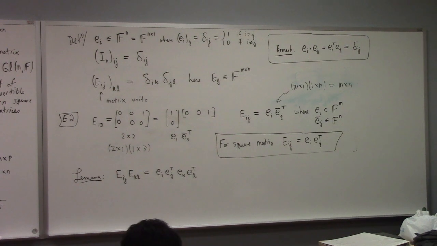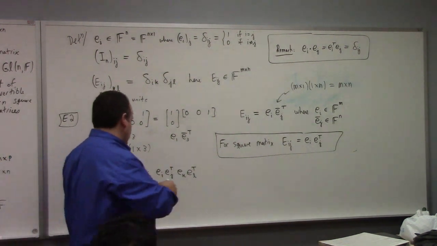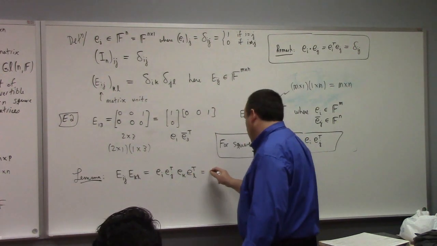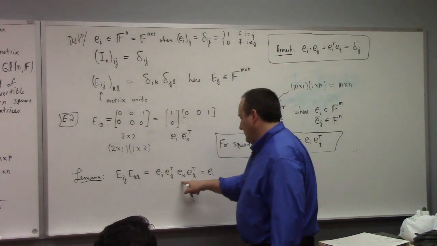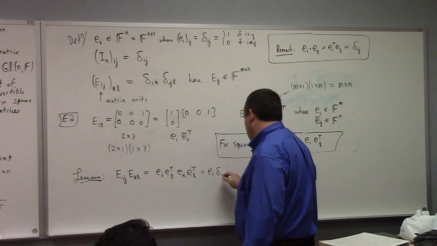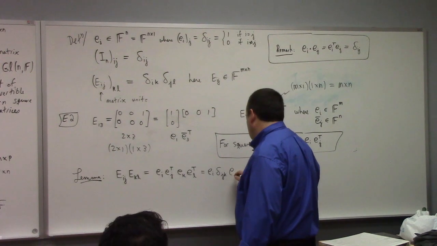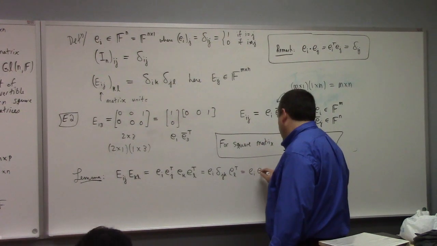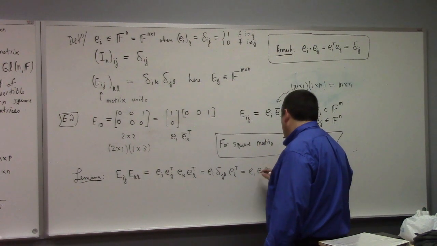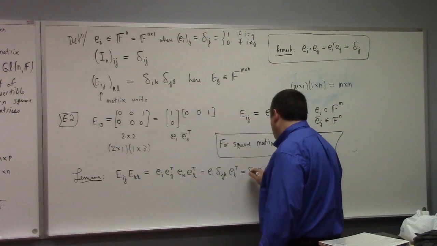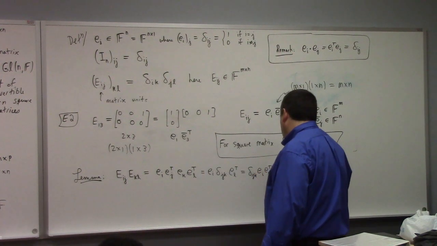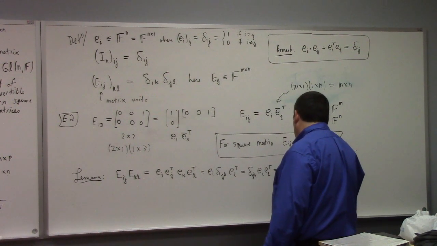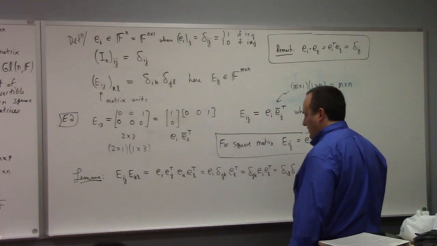All right, so with that lemma in mind, you see how this simplifies? This just gives us Ei, this gives me Kronecker delta Jk El transpose, and then I can move the scalar out. My bad. Kronecker delta Jk, and that is Kronecker delta Il.